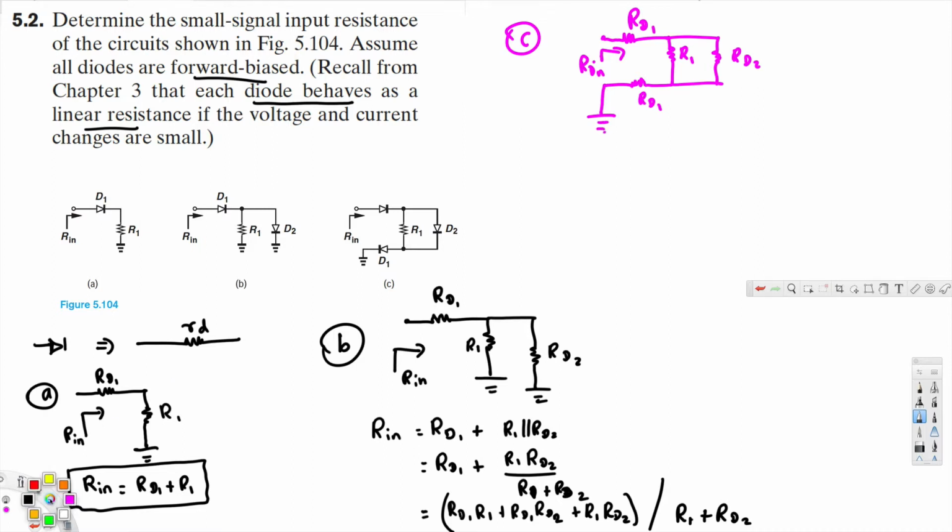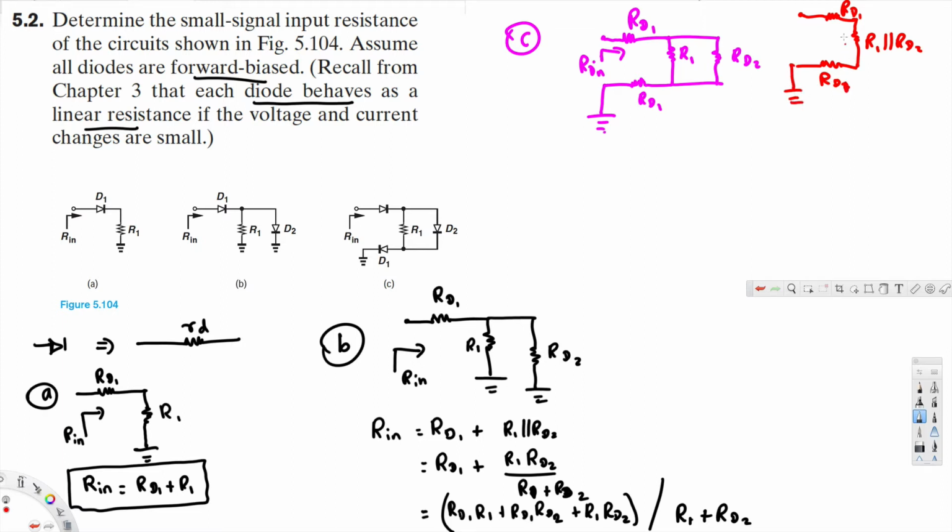Now, you can think of this RD1 like this, and then these two, R1 and RD2, are in parallel, and then RD1 is in series with everything. Here we have RD1 and here we have RD1 again.